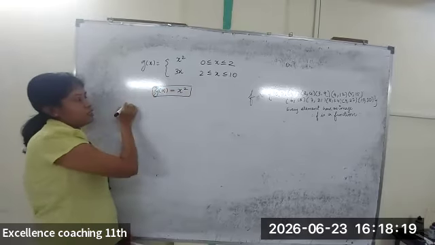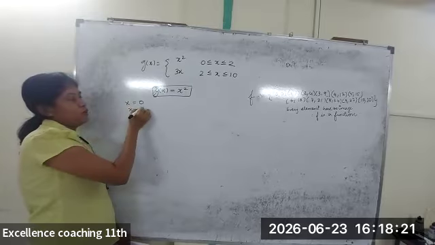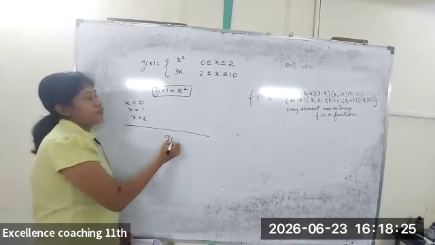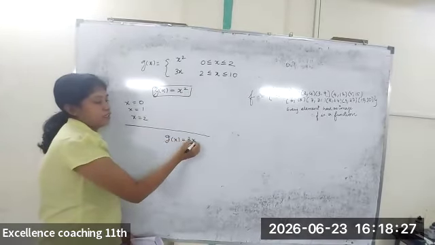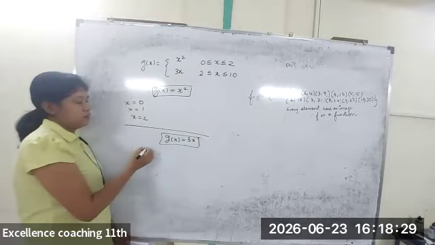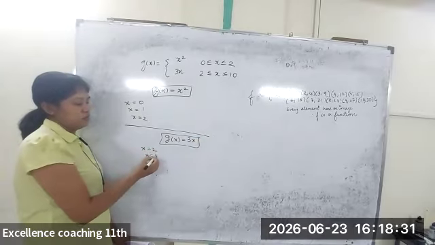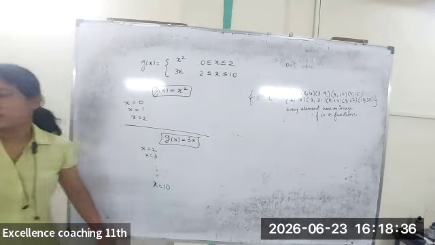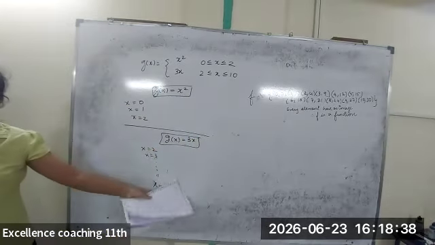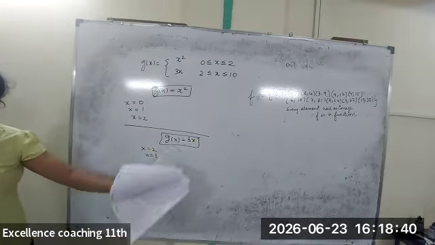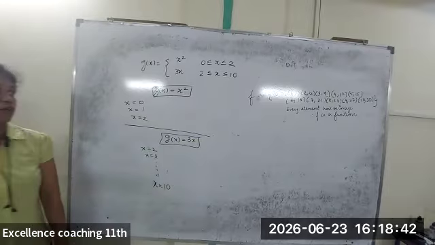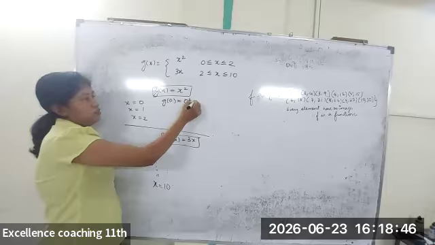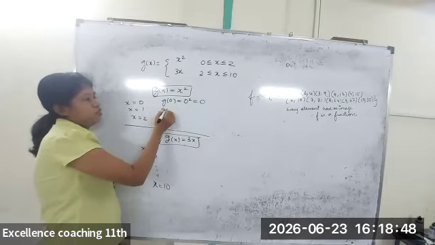So first we'll take which x values: 0, 1 and 2 only. Then g of x equals to 3x. So again we'll start from 2 till 10. No need to calculate everything. Then you know it's a table of 3 like that. So now when x is 0, g of 0 is how much? 0 only. Then g of 1.